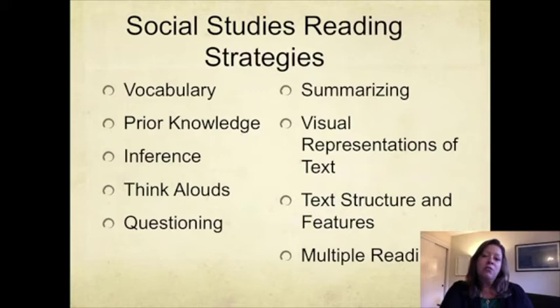In addition to text structure and features, we're also teaching students to do multiple readings of text so that they can understand the text and actually follow through with being able to make meaning from that text. Again, in many cases with your students, you are going to be helping them make meaning. You may be reading the text to them. You may be only showing them pictures from a text and giving them specific words about the text, and that's going to be how you're going to help students access the content in social studies.